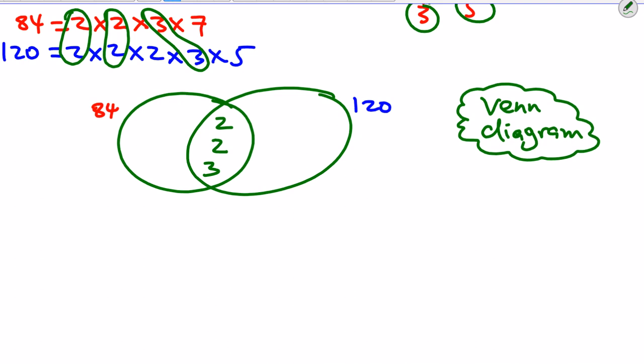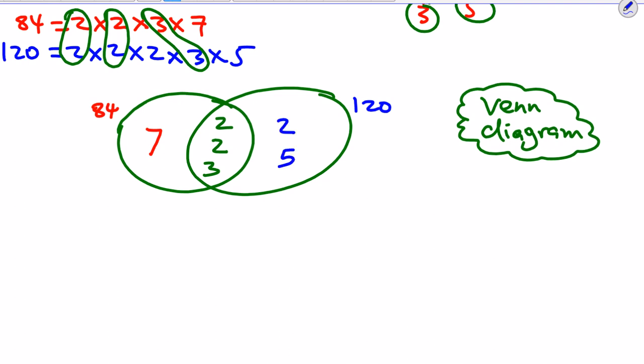Now, the prime factor that is just in 84 is just 1, which is 7. Use a different color for that. So here it's 7. And prime factors that are just in 120 are 2 and 5.